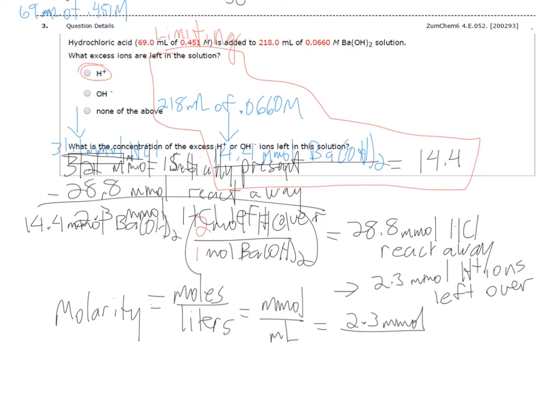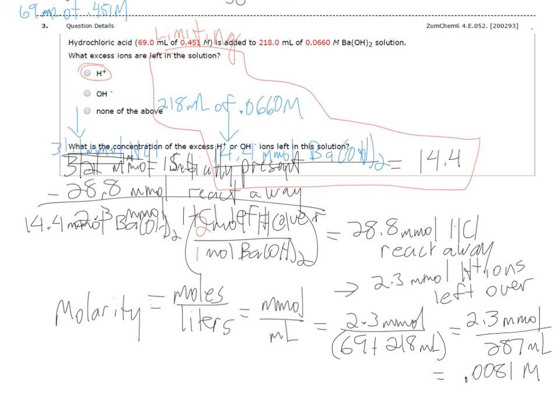To get the total volume, we always assume that you can add volumes together unless otherwise noted. So we would add those: 69 plus 218 gives us 287 milliliters. And if we take 2.3 millimoles divided by 287 milliliters, we end up with 0.0081 molar.